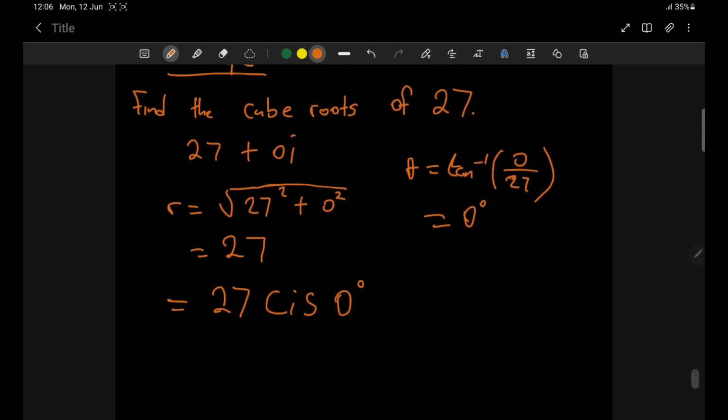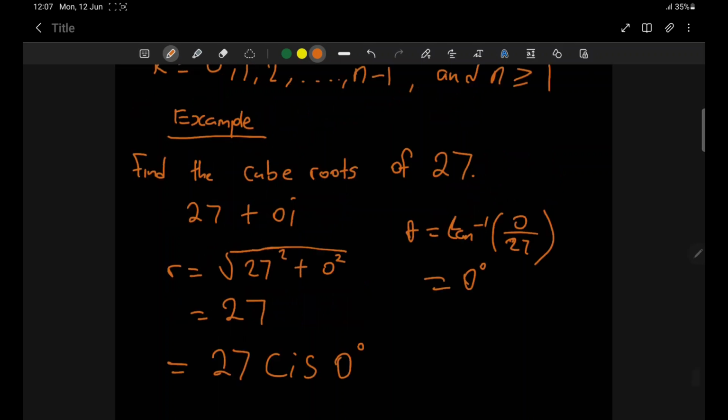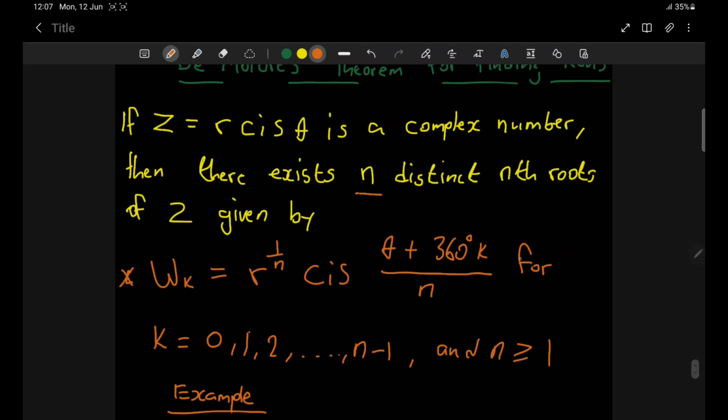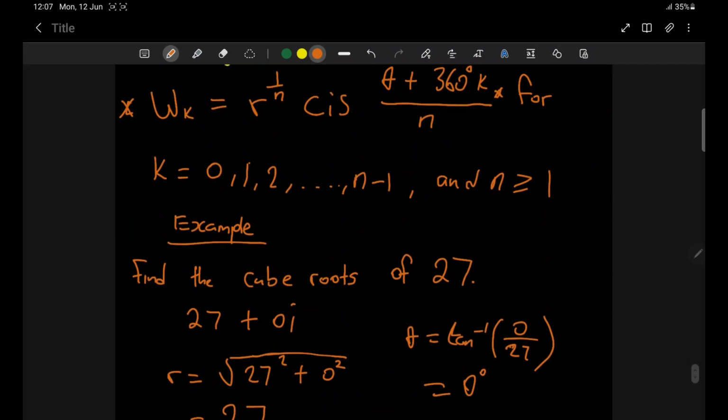Then applying the formula of finding the nth root, in this case we're looking for the cube roots, so n is 3, so 1 over 3. Now we'll use this formula to get the cube roots of our expression.